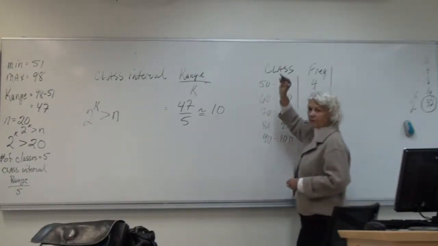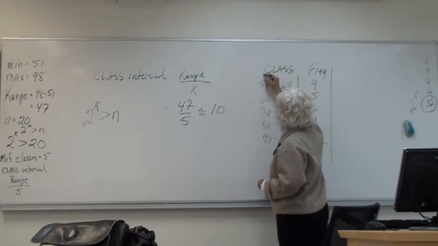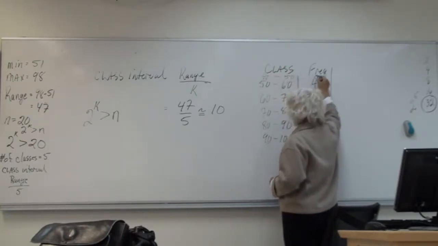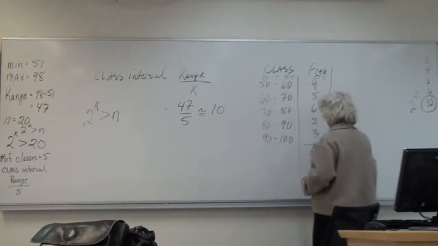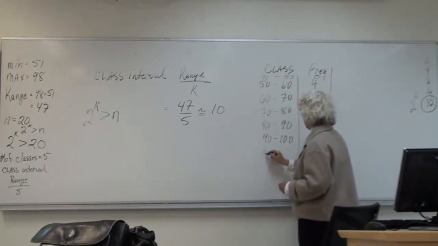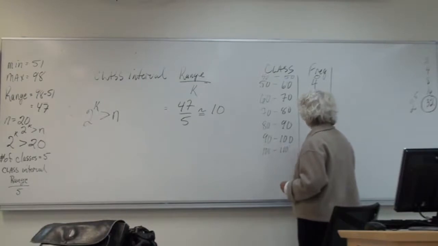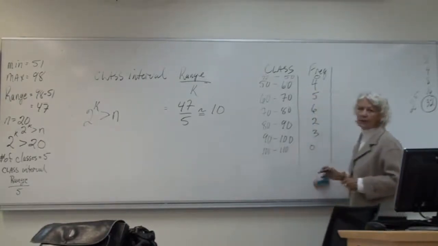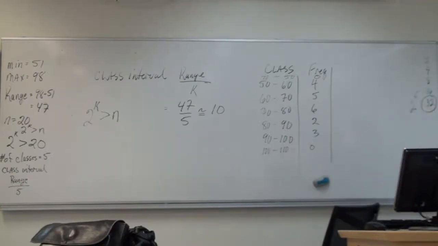If it's a frequency polygon, I need to have this one in, and I need to have this bottom one in. What else do I need? I need a midpoint. Remember, the calculator will just absolutely freak if you gave it 40-50.